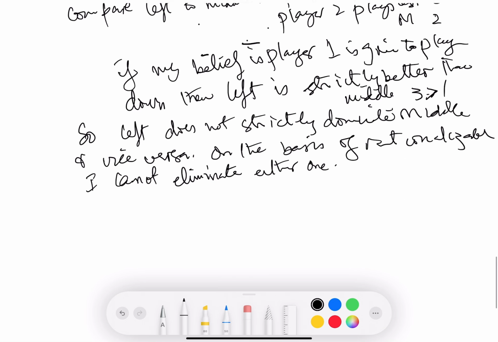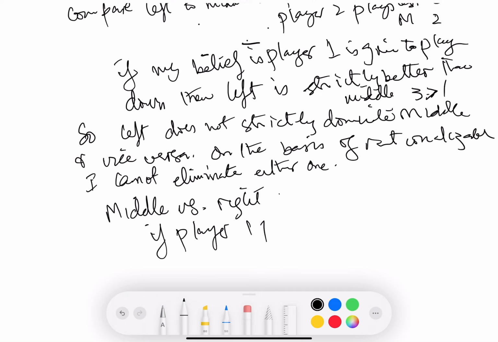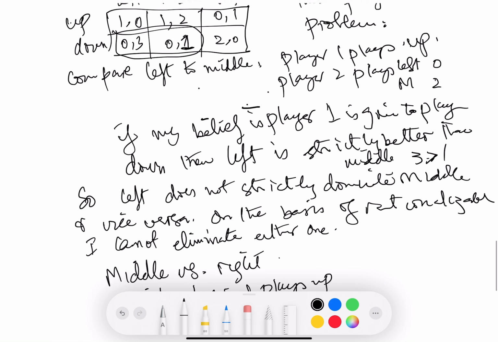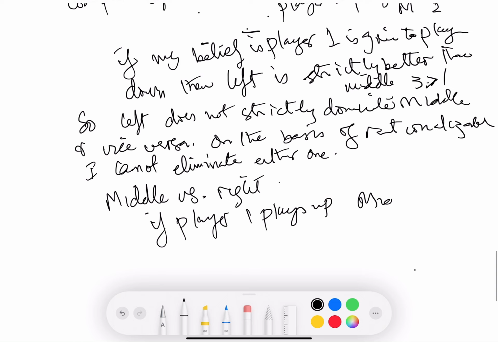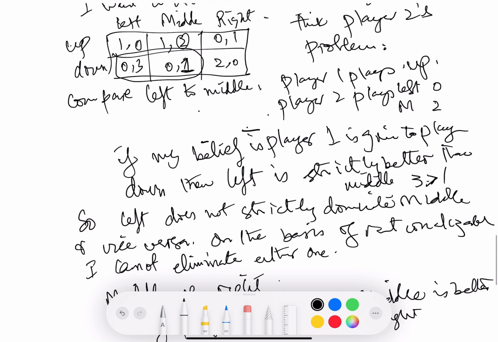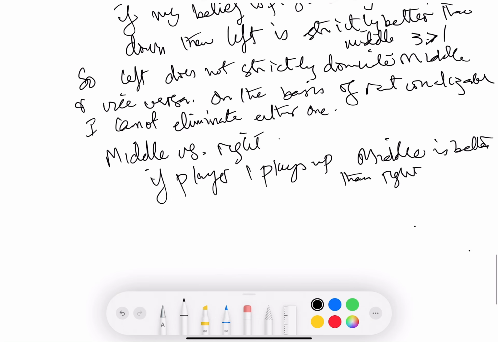But let's try middle versus right. Again looking at it from player 2's point of view, if player 1 plays up, middle is better than right, strictly. 2 is greater than 1.